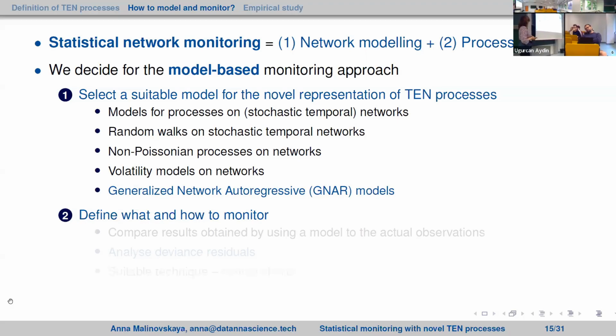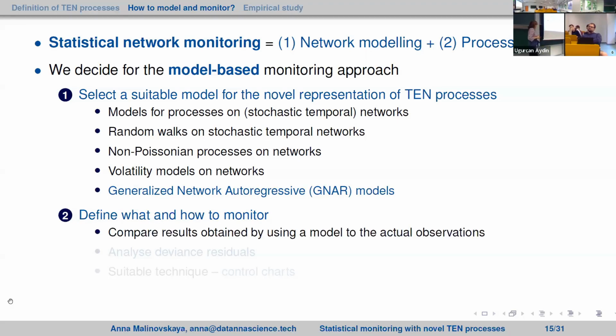And now the second part of the model-based approach is what and how we monitor. From this model that we took, what can we take further and how do we perform the monitoring? What we do is we compare the results obtained by using this model to the actual case, and we retrieve from them the deviance residuals, also called forecast errors, right?